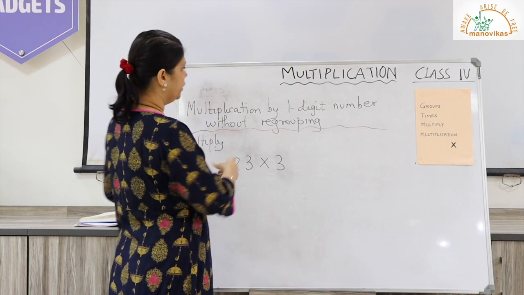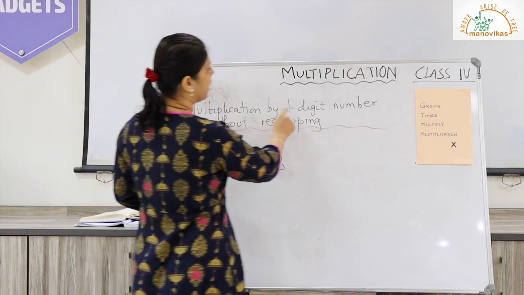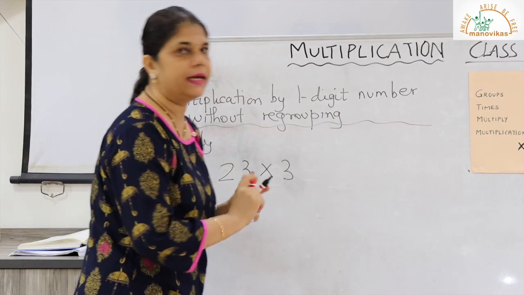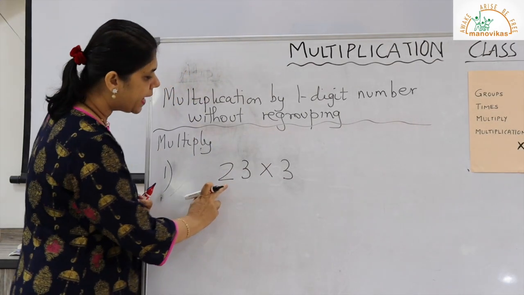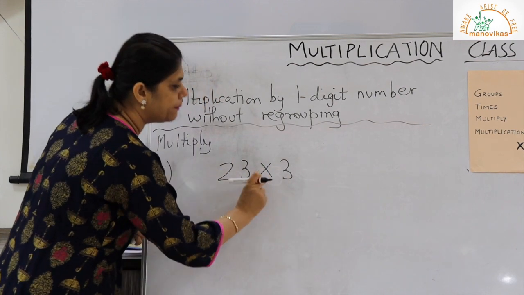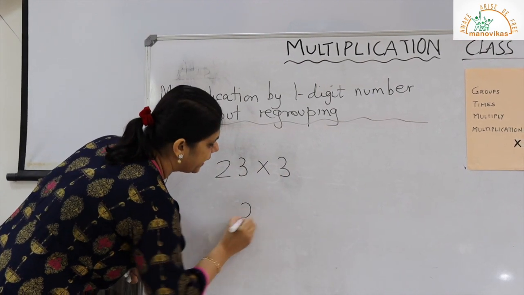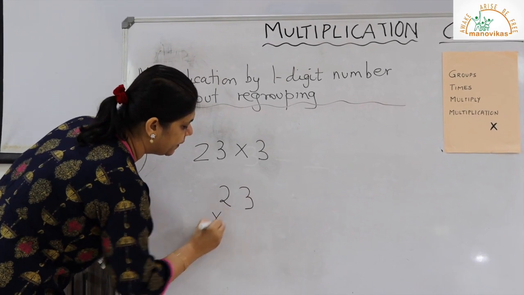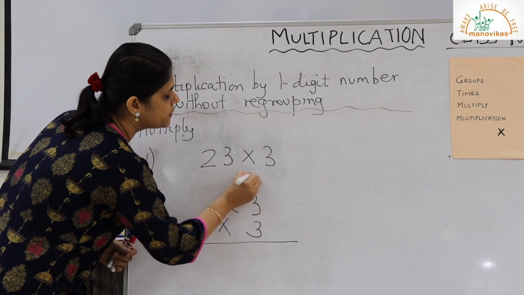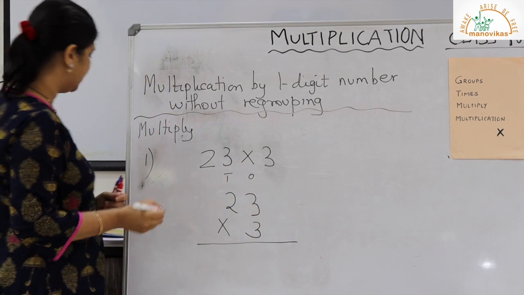First, children, we are going to see multiplication by one digit number without regrouping. So let us take the first example: 23 into 3, or 23 multiplied by 3. Let me write it down. First you write it this way. This is the ones place and this is the tens place, right?